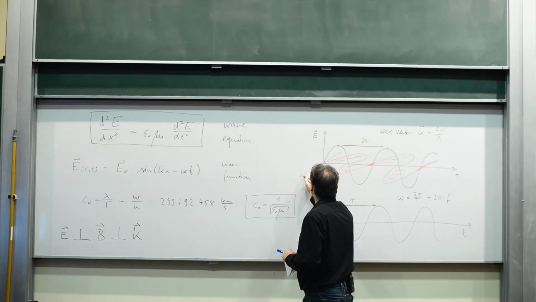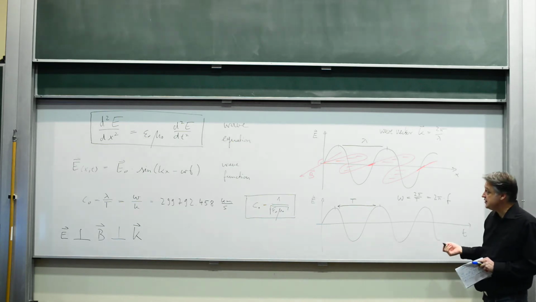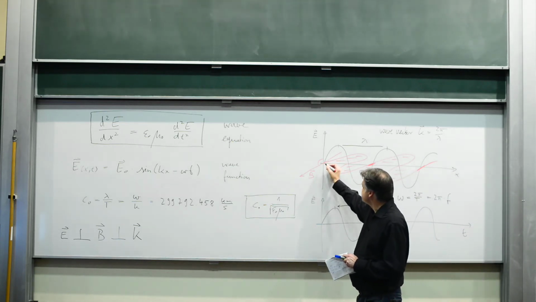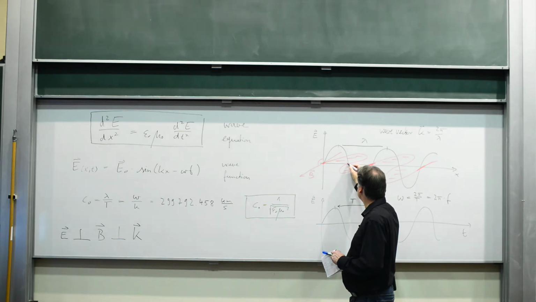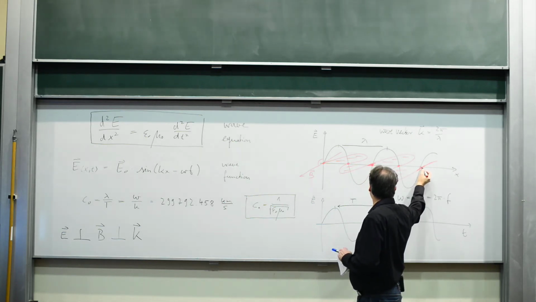The magnetic field is always perpendicular to the electric field, and the starting point, the nodes, are always identical.